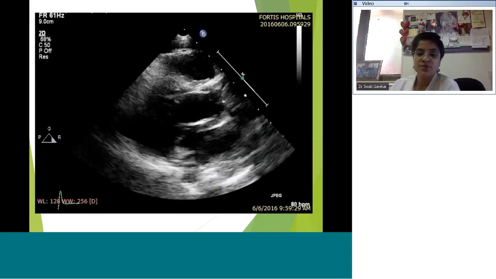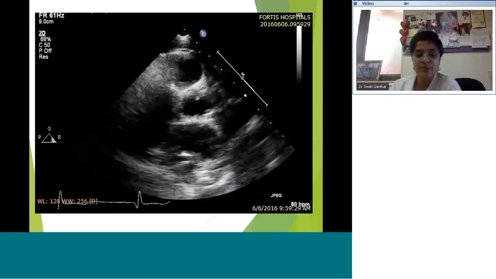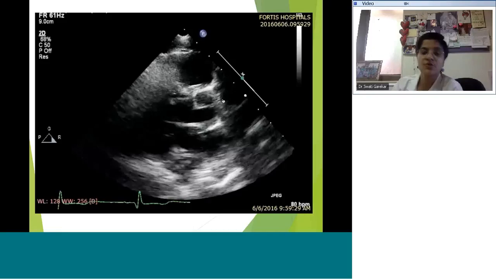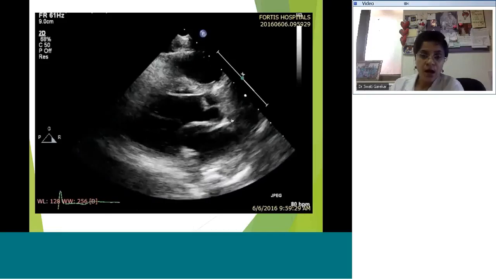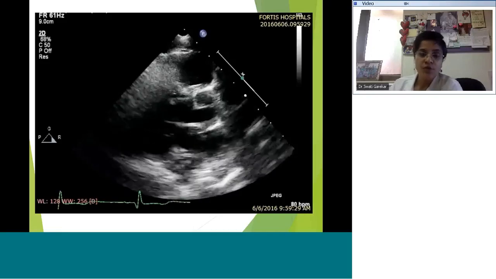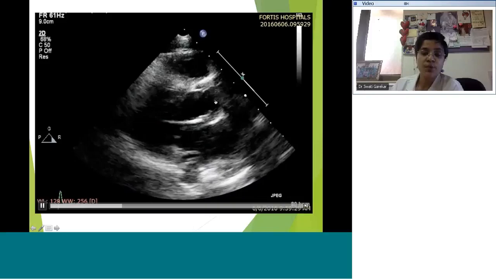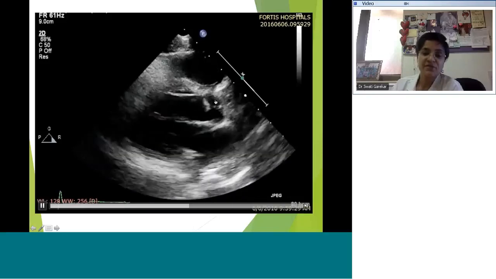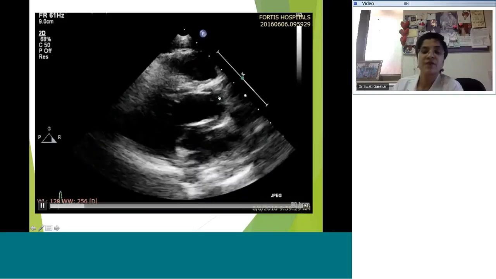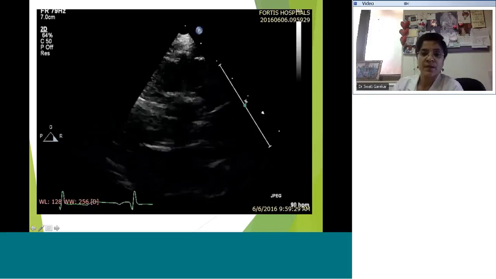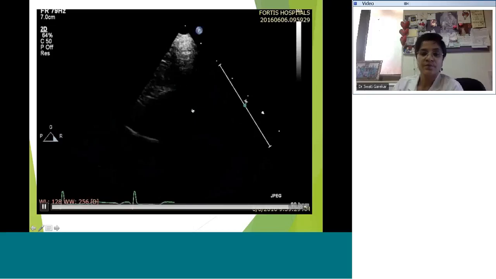Somebody said 7, and 7 is right, and 7q11 is the absolutely correct answer. Which test will you do to pick up this abnormality? So what we tried was to open up the ascending aorta, but each time we failed, and this patient had supravalvar aortic stenosis. The thing narrows down.